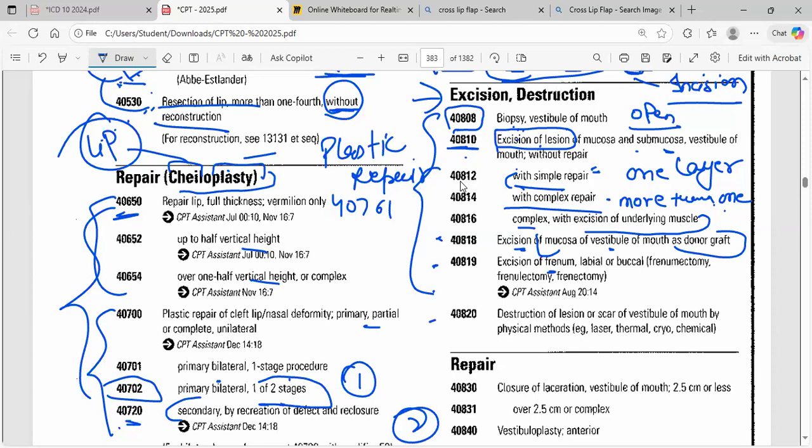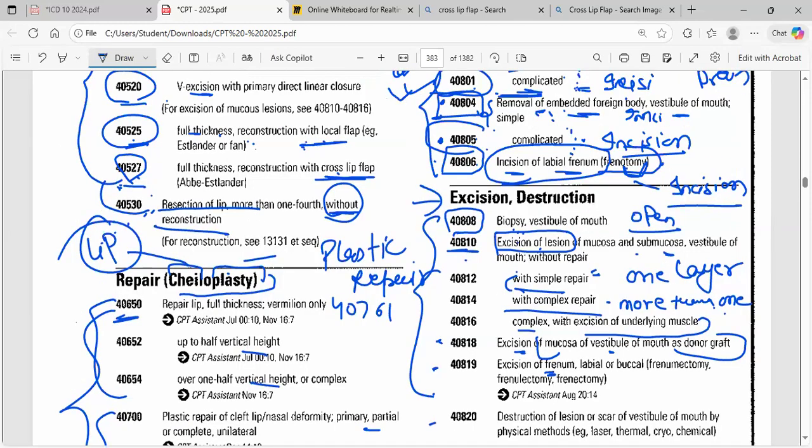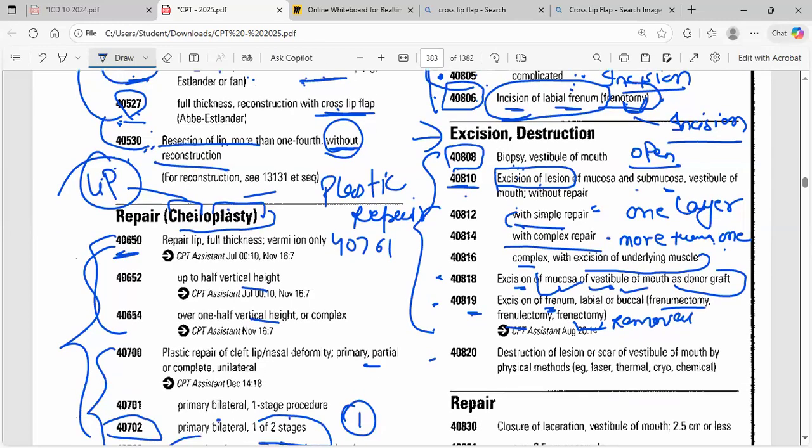Next, excision of frenum. Earlier we had the word frenotomy. Otomy means incision. Ectomy means removal. So frenectomy and frenulectomy are the same words. When the frenum, labial or buccal, excision is there, we are going to code 40819.